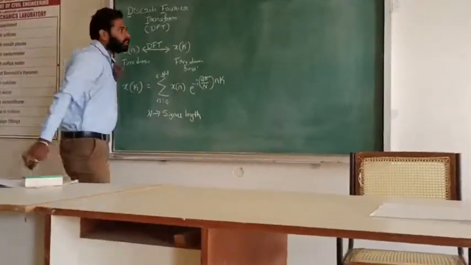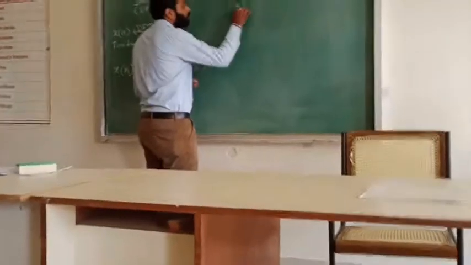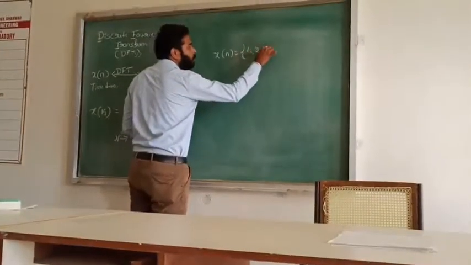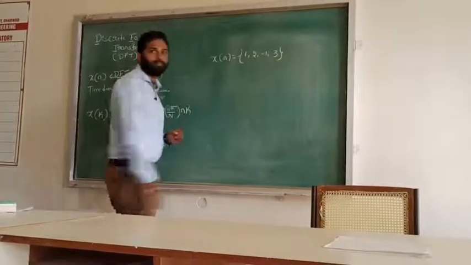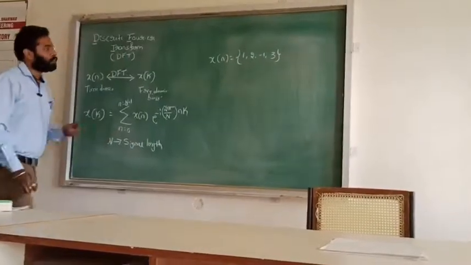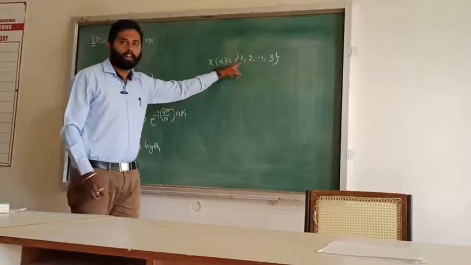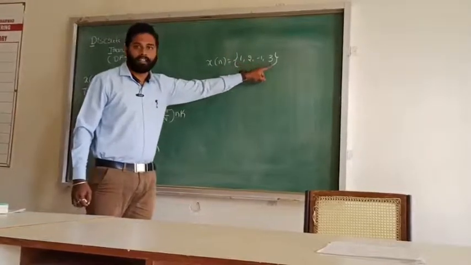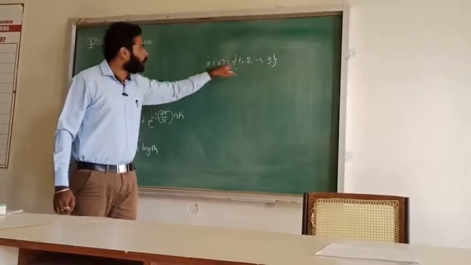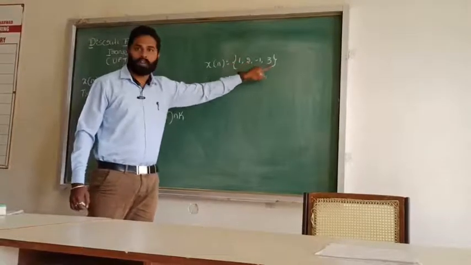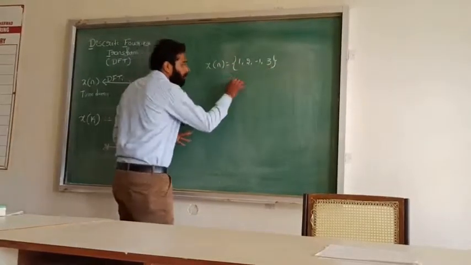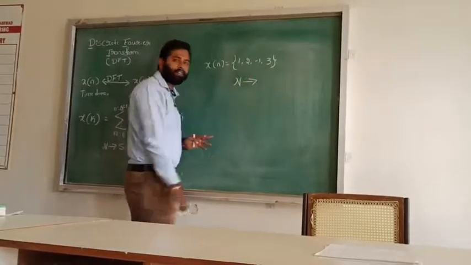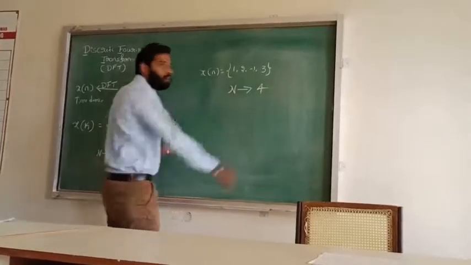So what is my signal length? Suppose you consider x of n is equal to 1, 2, minus 1 and 3. Totally how many values are here? 1, 2, 3 and 4. Totally 4 values. That means capital N, the signal length or number of variables, is equal to 4.